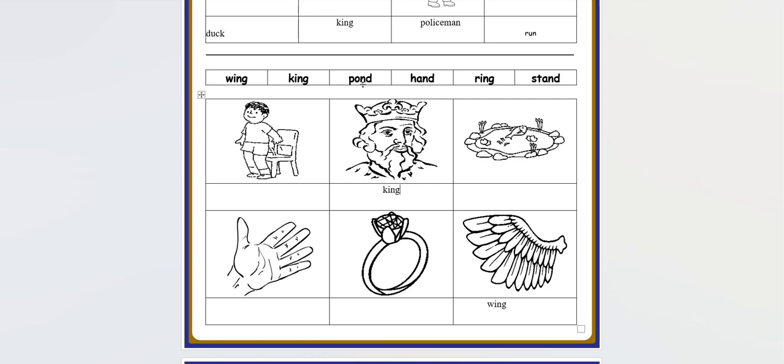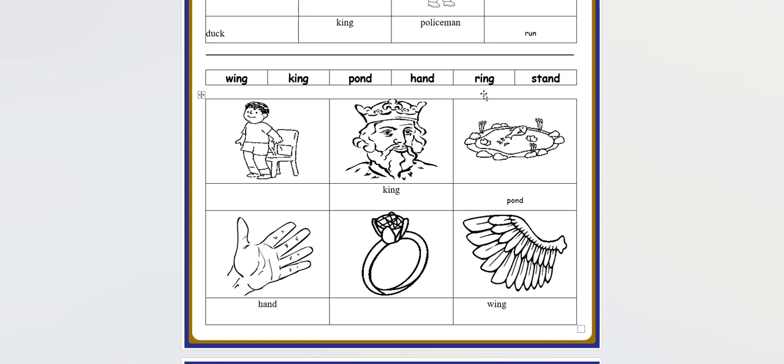Third word is pond. Where can we find the pond? Here it is. Pond. And the fourth word is hand. Which one is hand? This one is hand. Ring.